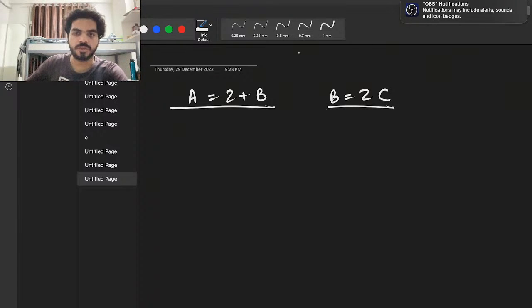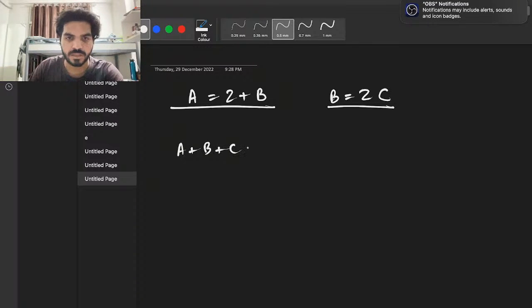Whenever you get this kind of question, always make simplified equations first, because when there are three parties, you will need three equations. So to avoid that, we will substitute the values and bring it down into two or one variable, if possible. If the total of the ages of A, B, and C is 27, A plus B plus C is equal to 27, then how old is B?